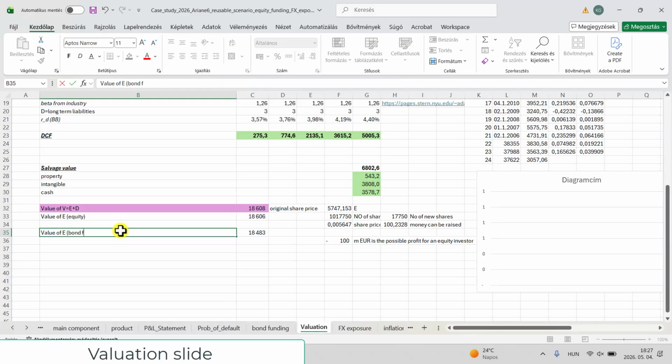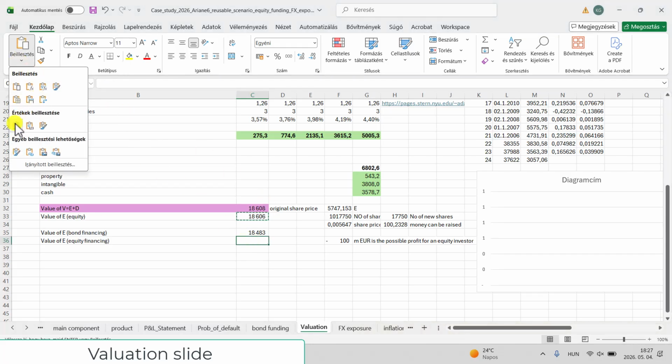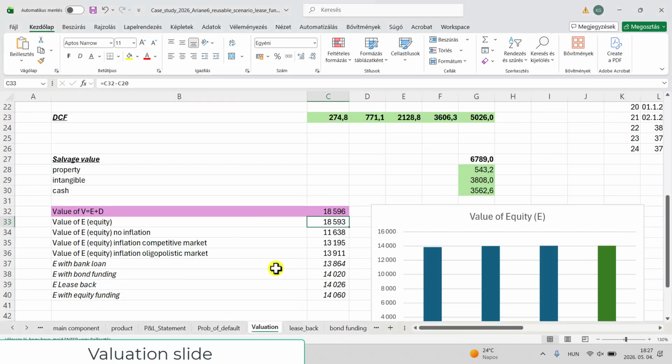Bond financing. Then we need value of equity based on equity financing. And we also need the lease scenario.